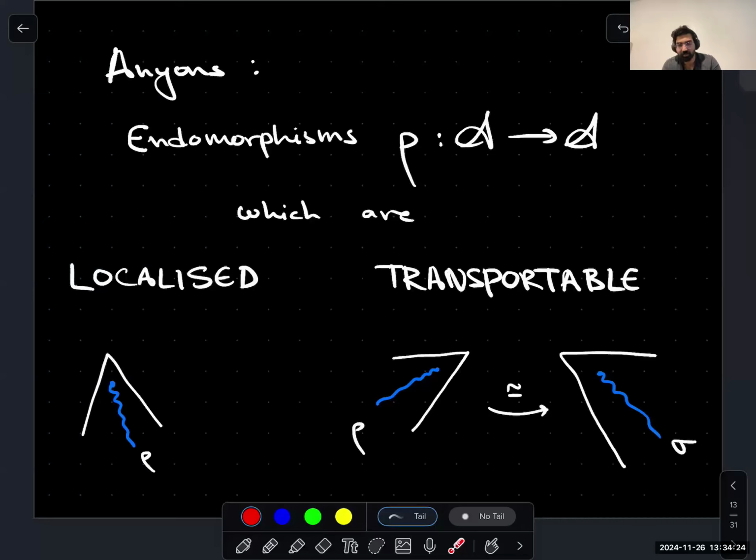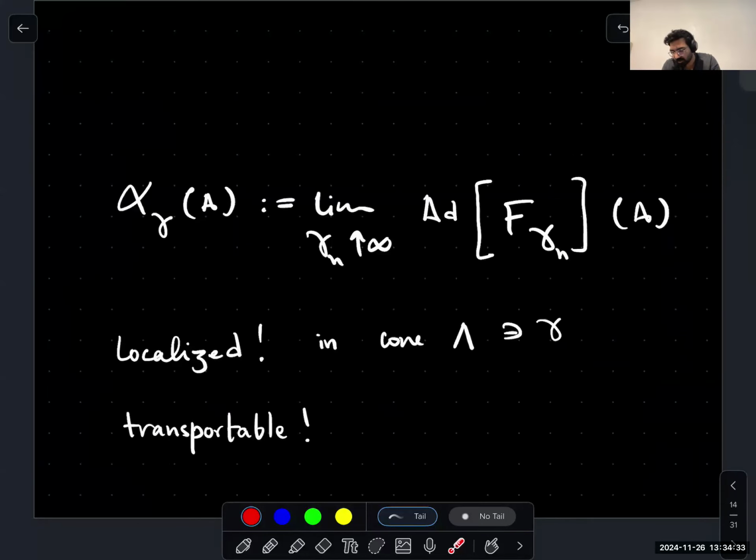So that's what it means to be transportable. Of course, these have extremely physical meanings, and I think in the slide after, I actually say what the physical meaning is. So this string operator is localized and transportable.